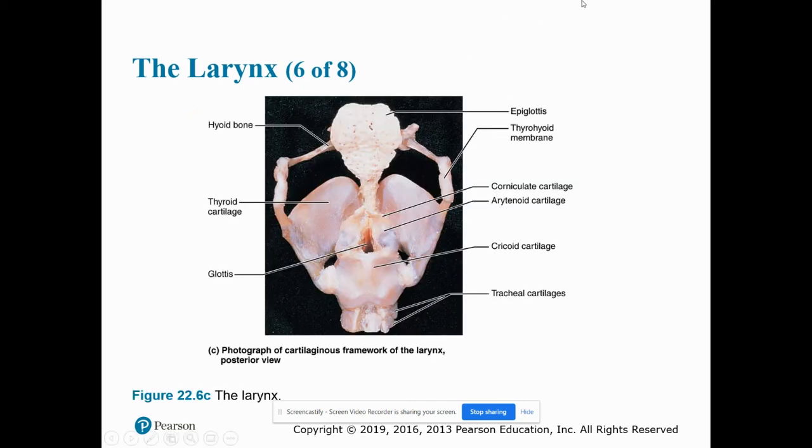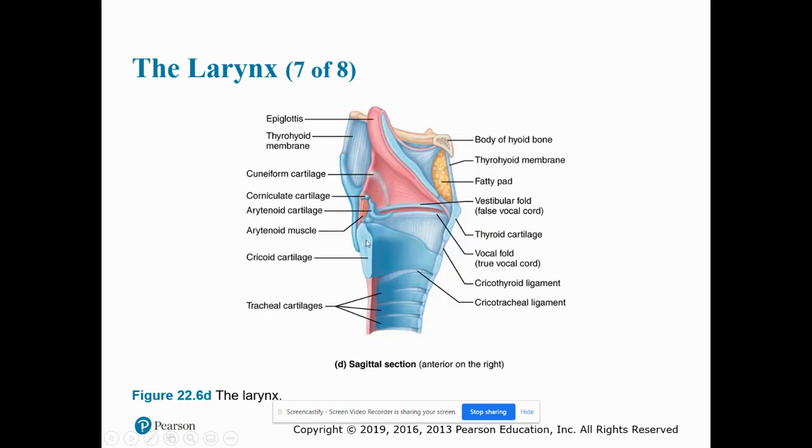So again, the epiglottis is up here. Epi means above, and down here is the glottis, the opening. We have the vocal fold here, the true vocal cord, and then above that we have the vestibular fold.